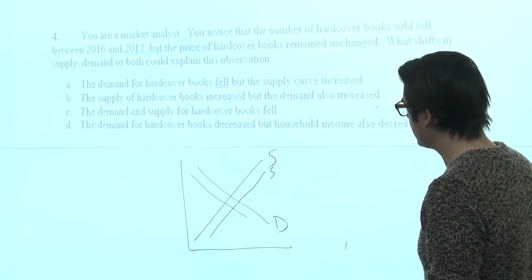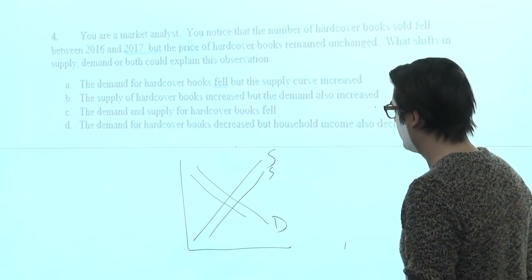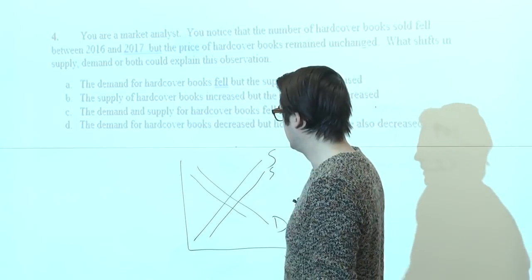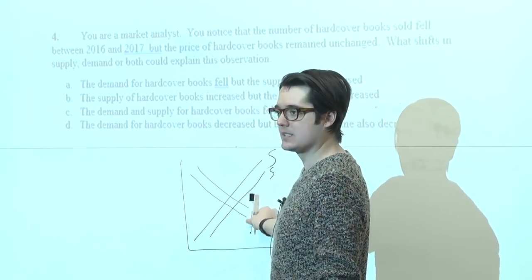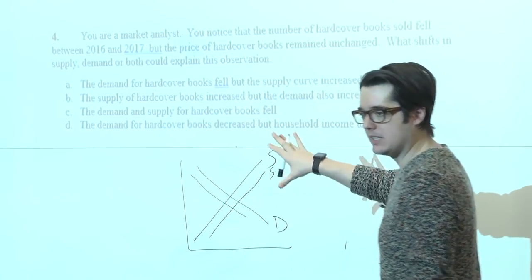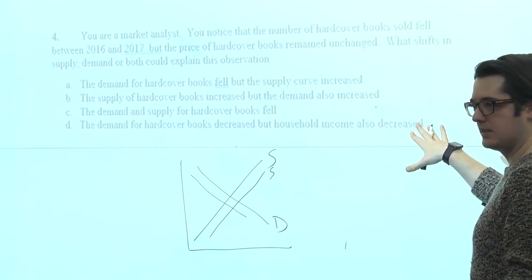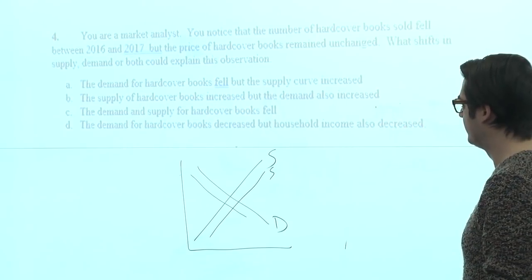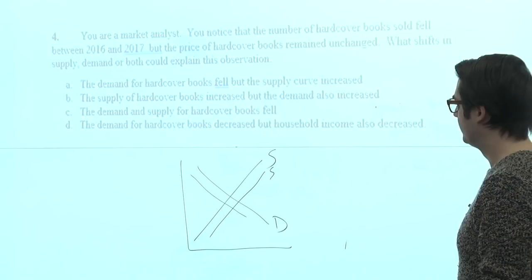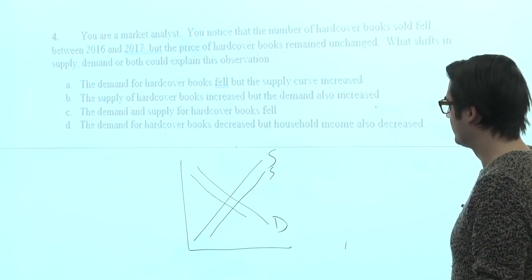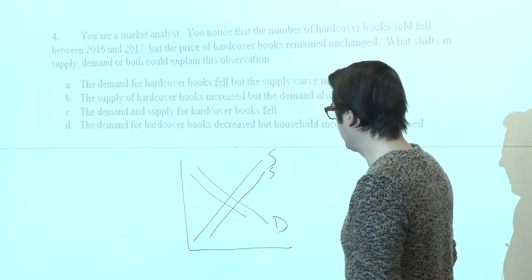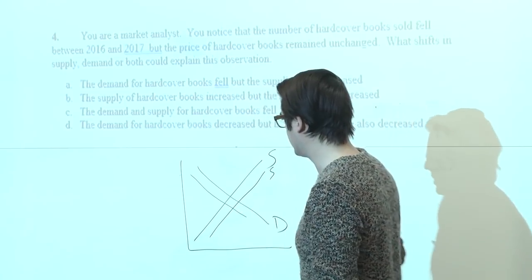Does that make sense? No, right? That's probably not going to be right, because depending on the size of the supply increase, we could actually have an increase in the quantity of books sold. And the price is going to change as well.